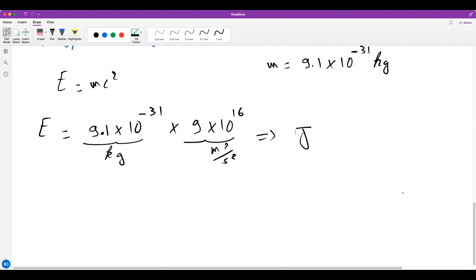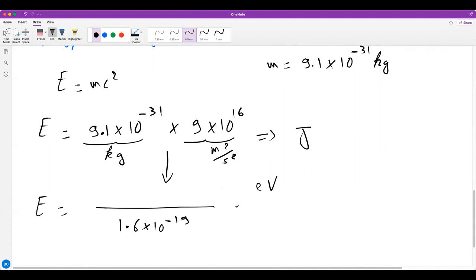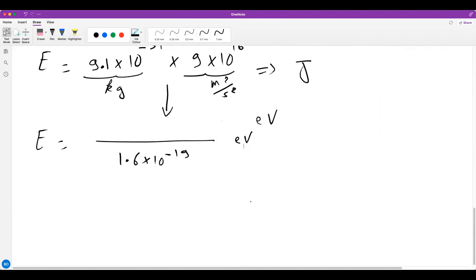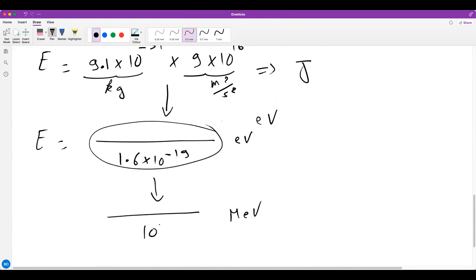Now, if I want to convert this to mega electron volt or to electron volt, what I have to do is divide this quantity by 1.6 times 10 to the minus 19. This will give me the result in eV. And then if I want to convert it to mega electron volt, I will divide it by 1 million.